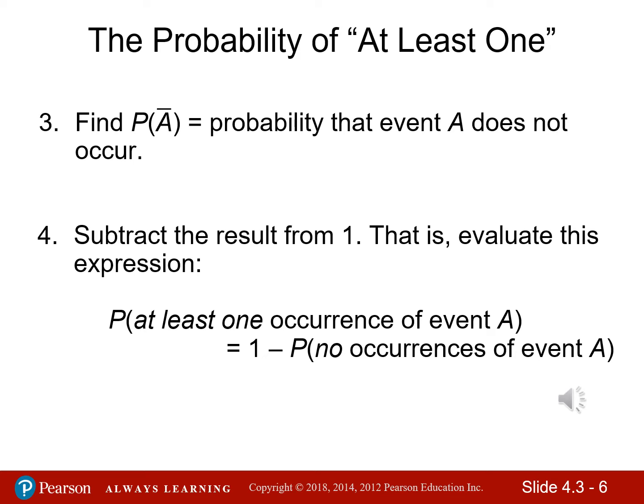In other words, we find the probability that A does not occur. And step 4, we subtract the results from 1. That is to say, we evaluate the expression, the probability of at least one occurrence of event A is equal to 1 minus the probability of no occurrence of event A.